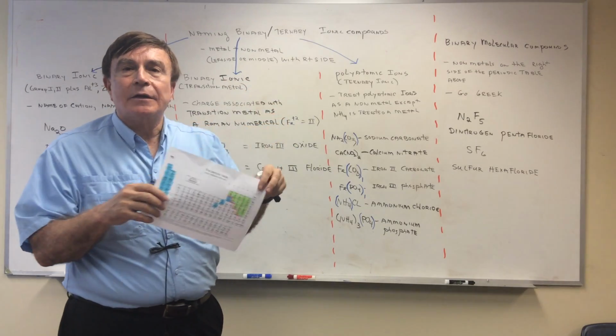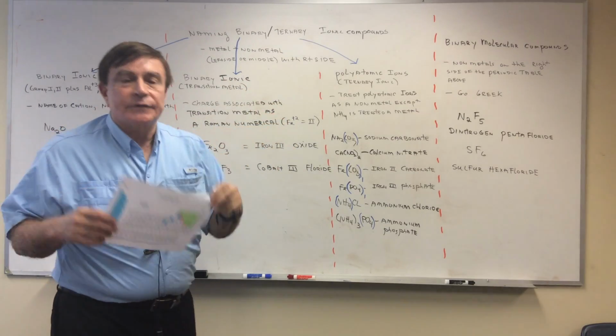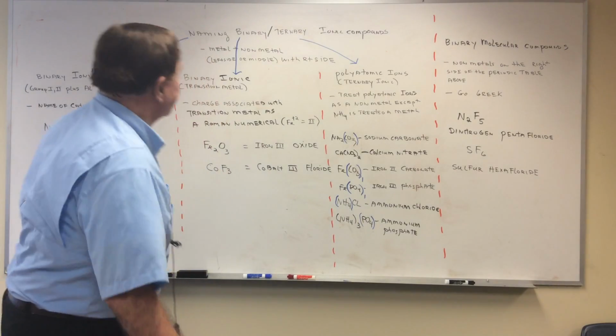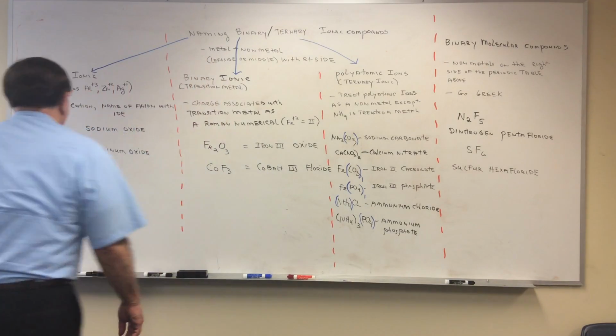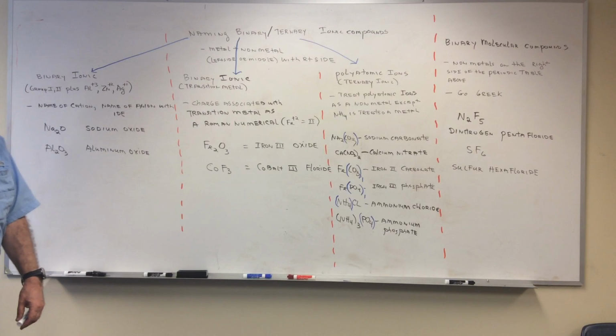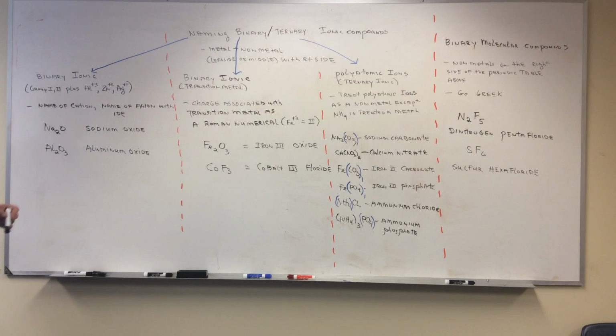When you see that, you know it's what they call a binary ionic without transition metal. How do you name it? Same thing, name of the cation, name of the anion with IDE. The cation here is sodium, again, just like the way you say it. But unlike the molecular, you don't care if there's 2 over here. It's still going to be called sodium oxide.